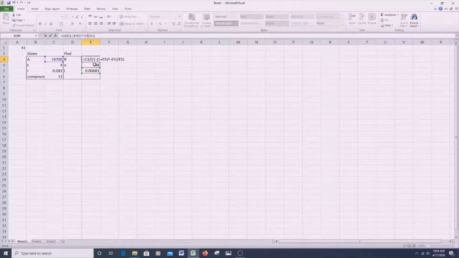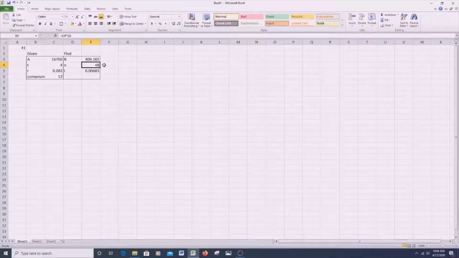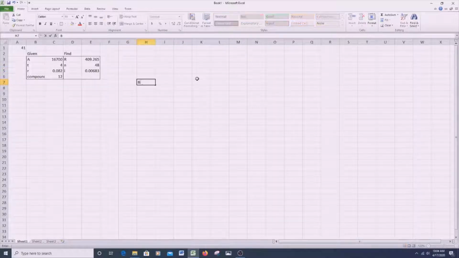That should be good. It is. Okay, so we're dealing with a loan. So this should be rounded to 2 decimal places because this is money. But I'm going to leave that alone for right now because I want to show some things that happen with this.